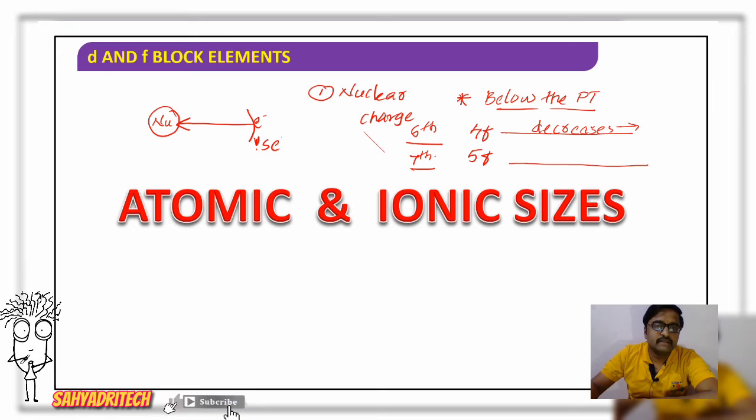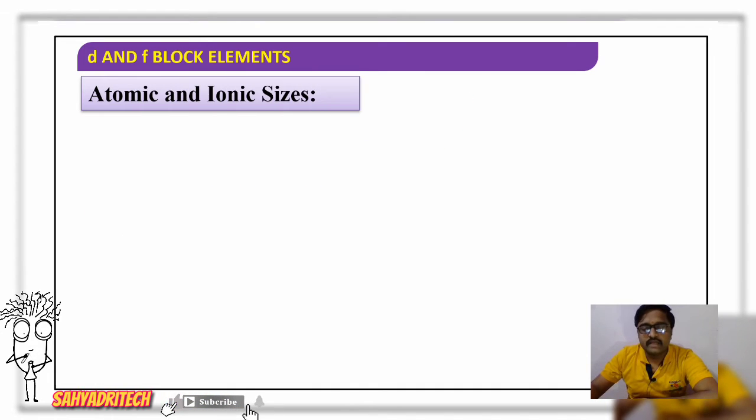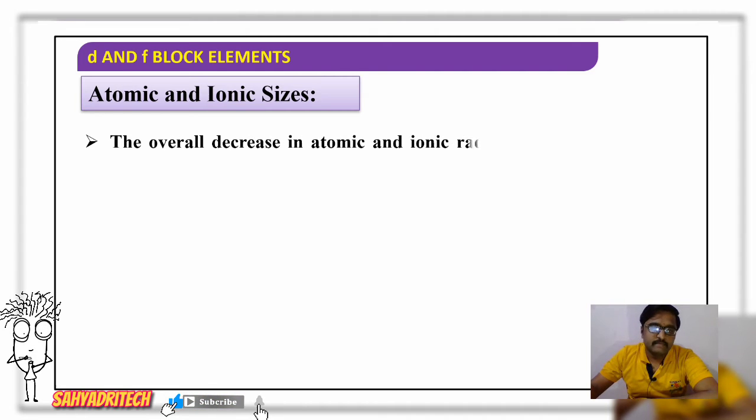The attraction between the nucleus and valence electrons goes on increasing, hence atomic and ionic radii decrease. Even in the f block this is applicable. In general, atomic and ionic radii decrease from left to right across a period.